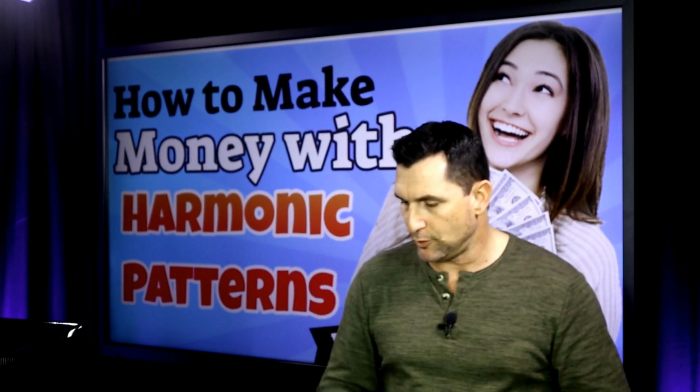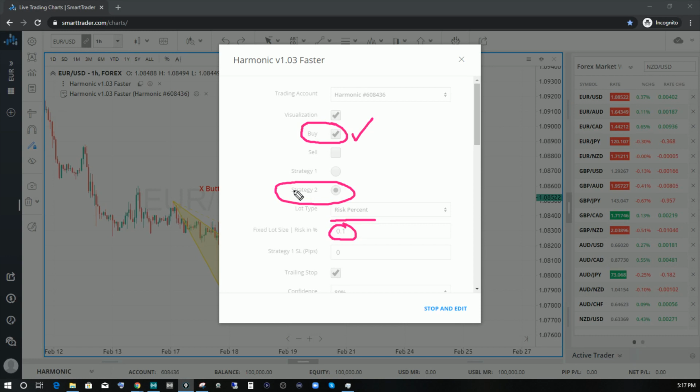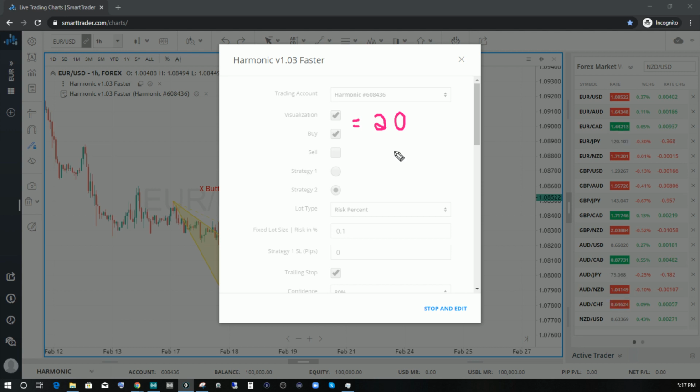So this is what I'm going to do. And you can do whatever you choose to do. Everyone's going to be accountable for their own actions. But what I'm going to do is this. I'm going to look at my account, and I'm going to say that if I want to trade 20 currency pairs, what is my maximum risk that I'm willing to take?